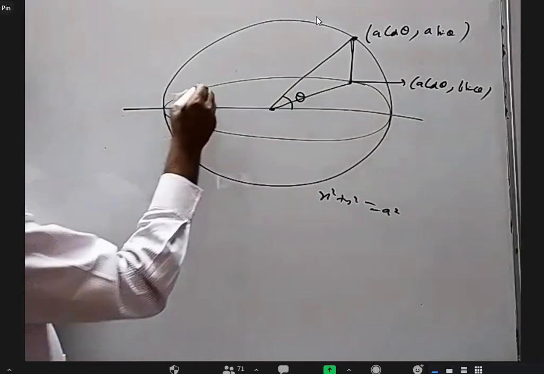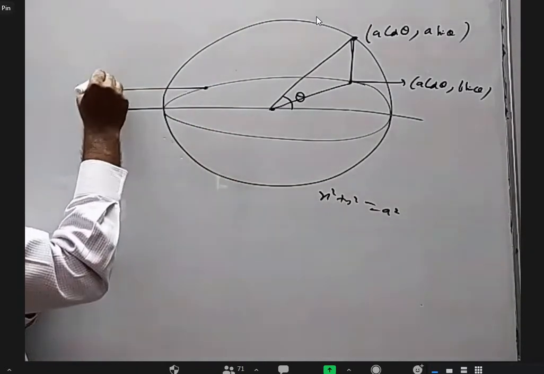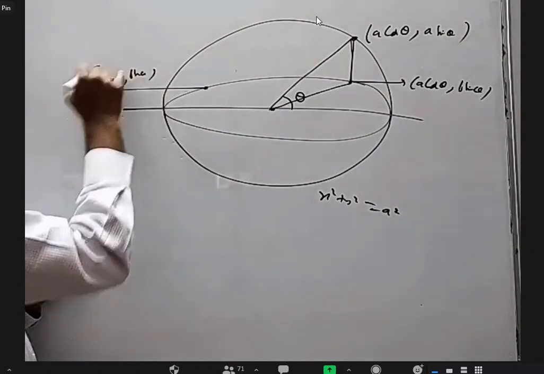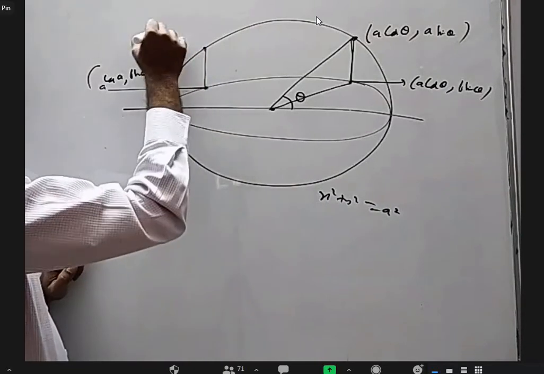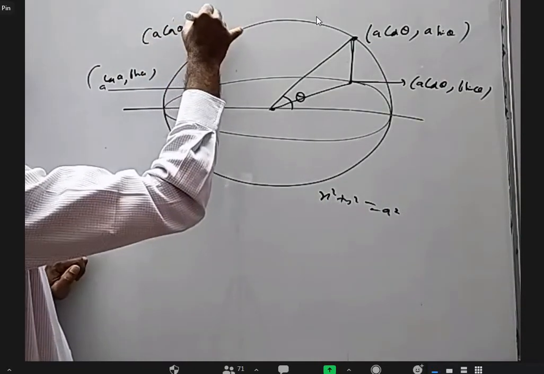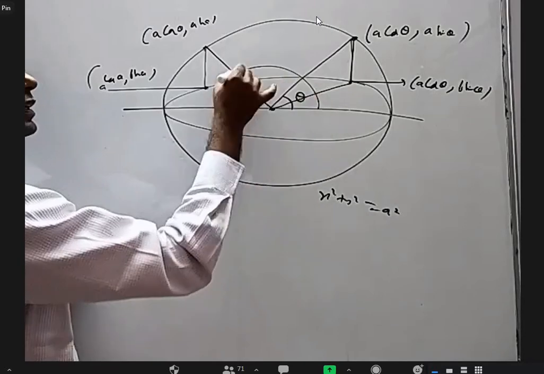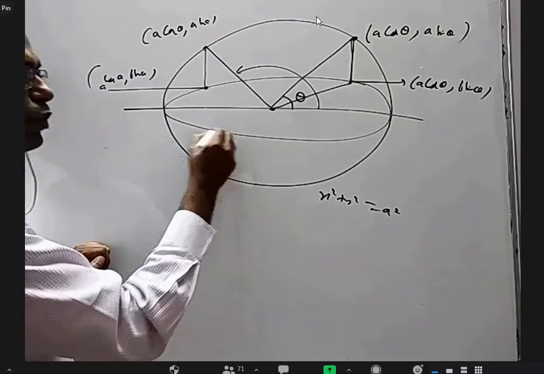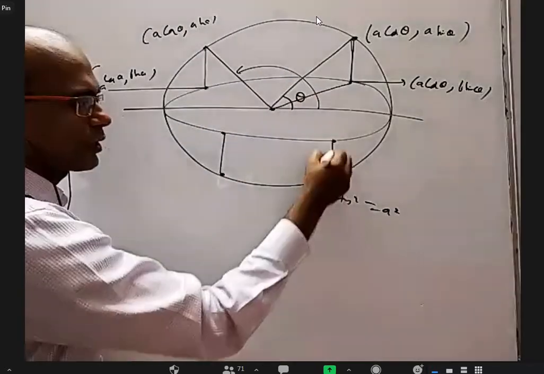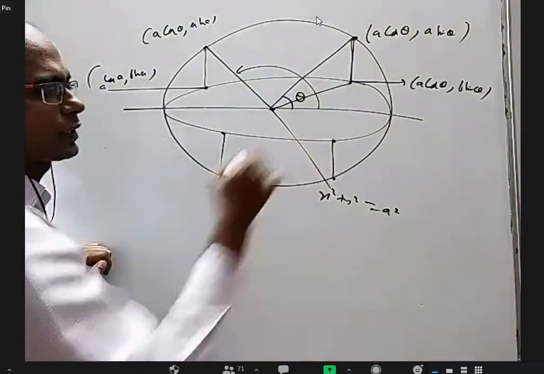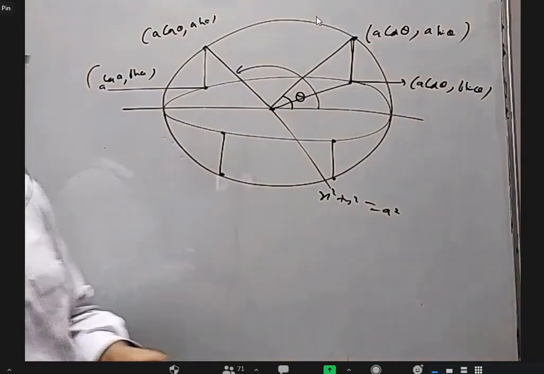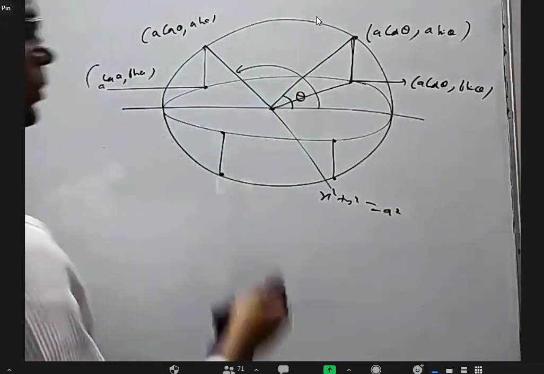So if somebody says this is a cos theta comma b sin theta, what is theta? Go to the corresponding point on the auxiliary circle, that is a cos theta comma a sin theta, join that to origin, and that angle will be theta. If you take a point here, you have to go down. If you take a point here, go down and join, that will be theta. Okay, so that's what theta represents.